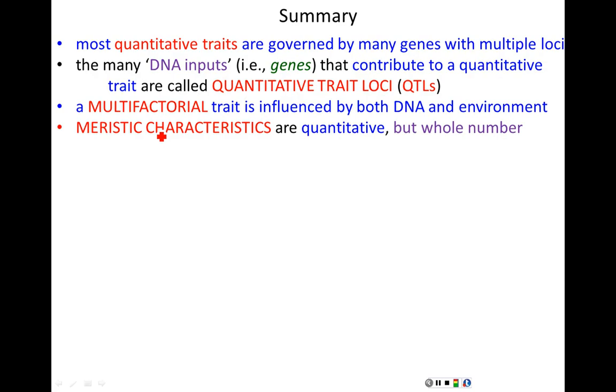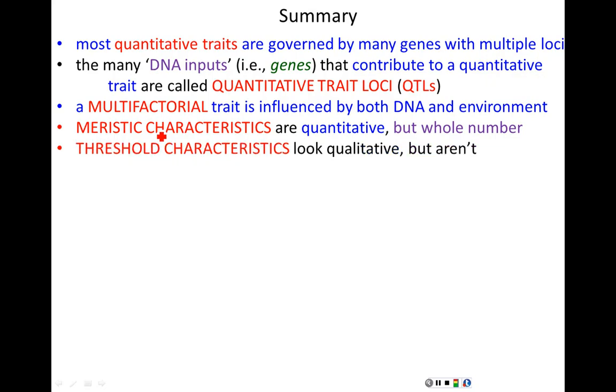We defined different types of quantitative traits. Meristic characteristics are quantitative, but they're measured in whole numbers, like seed number or litter size. Threshold characteristics look qualitative, but they aren't. Healthy, diseased, state 1, state 2.